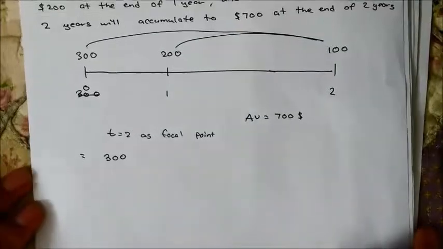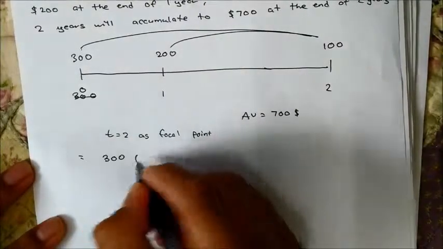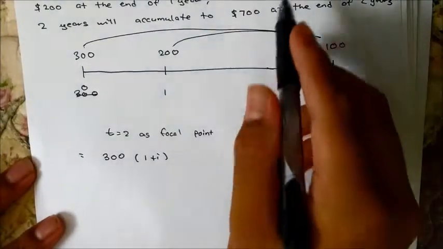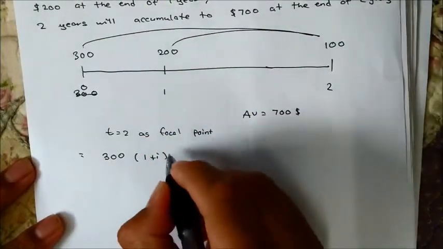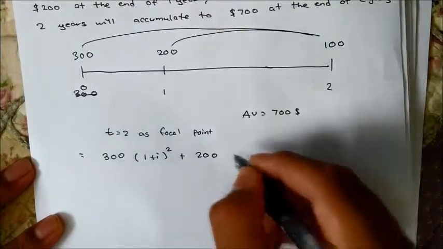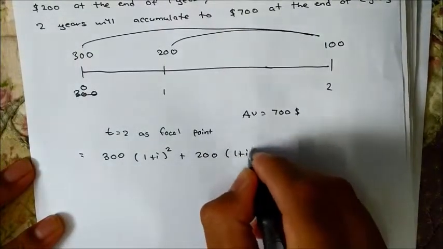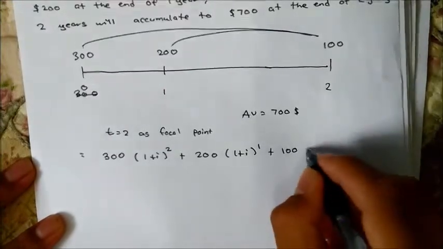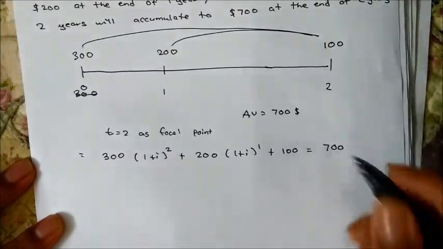Therefore, 300 times 1 plus i, because we are using the effective rate of interest, to the power of 2, plus 200 times 1 plus i to the power of 1, plus 100 equals $700.